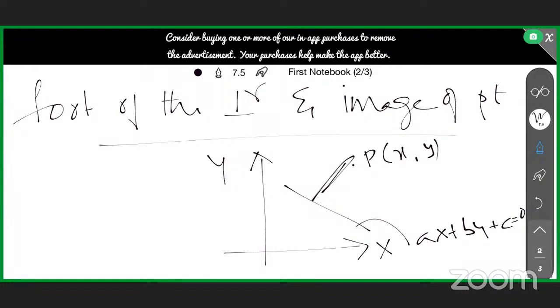How can I get the distance of the point to the line? At least how I can measure it.